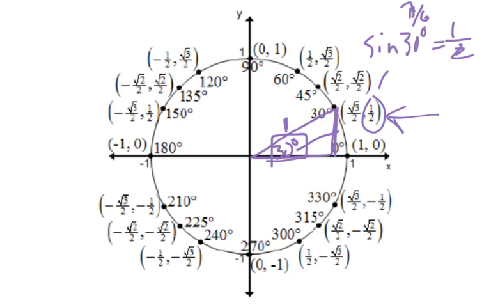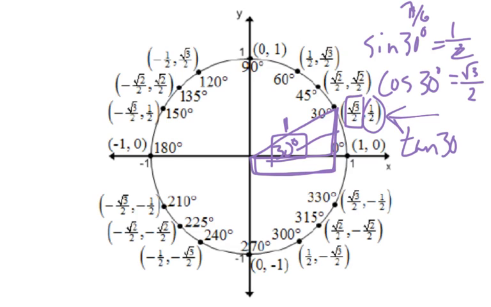What if we got the cosine of 30? Well, the cosine of 30 is the x value, right? It's the adjacent value over the radius, but the radius is always 1. So that's square root of 3 over 2. Okay, the tangent of 30. Well, that one's the y value over the x value, so 1/2 over square root of 3 over 2.